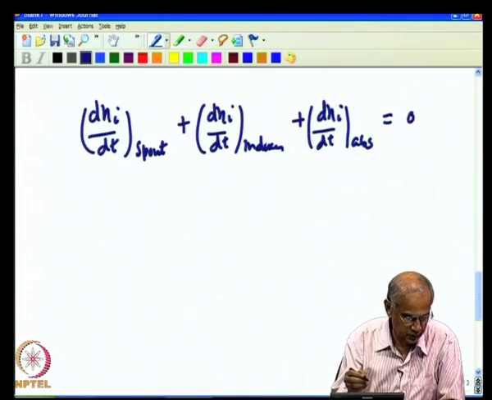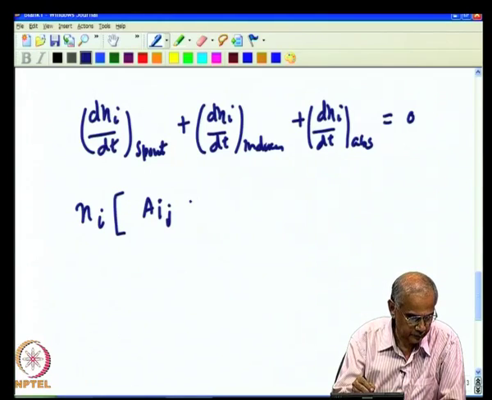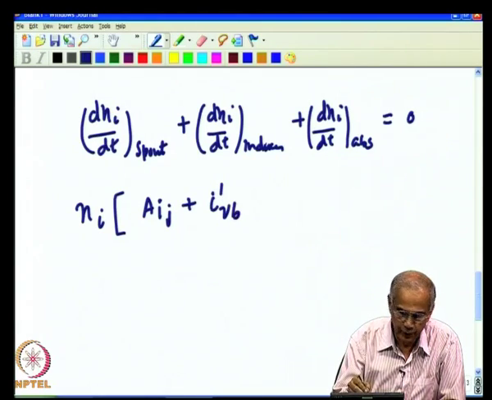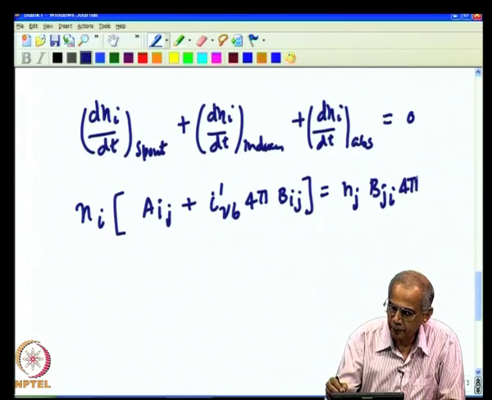So, if we do this calculation, we will find a simplification of that formula: Ni into Aij plus I prime nu b into 4 pi into Bij is equal to Nj Bji 4 pi I prime nu b.